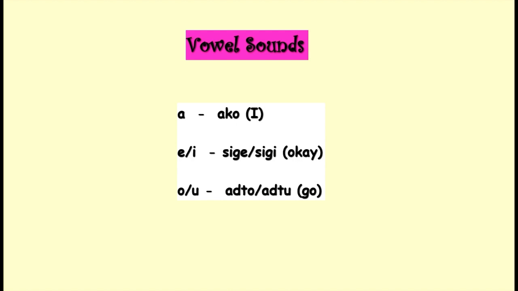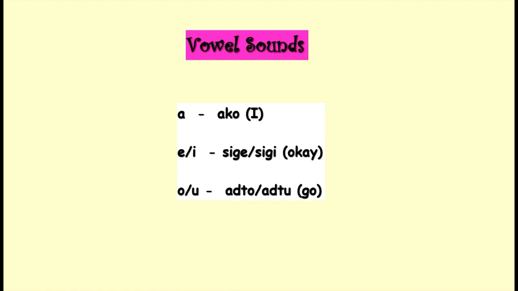Now, the A is simply pronounced as A, like in half. So it's ako, for example, ako, meaning I. The E sound is spoken as E. So it's not the soft E, but the hard E. Example is sige.